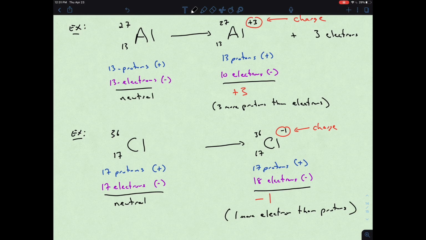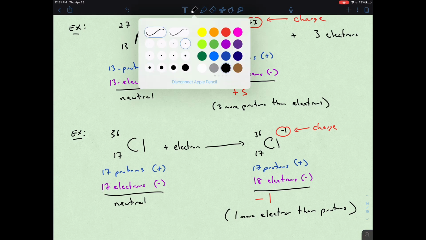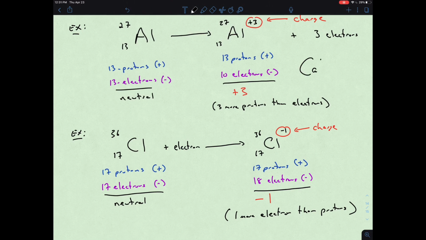And so that means that the chlorine must be gaining an electron for that process to happen. So that's the idea of ions, that we have positively charged ions known as cations, which we see at the very top. We have then the opposite with anions that we see in the example below as far as being negatively charged. And so that's the idea of ions.